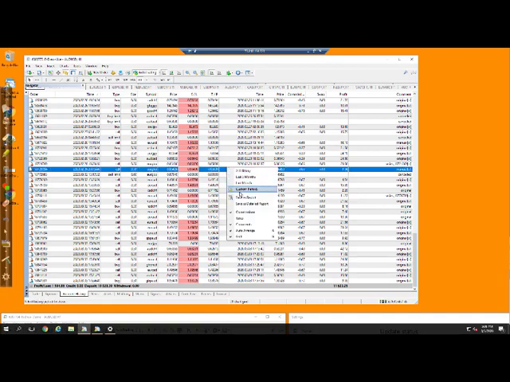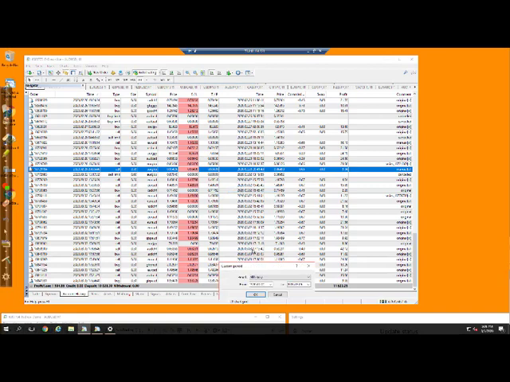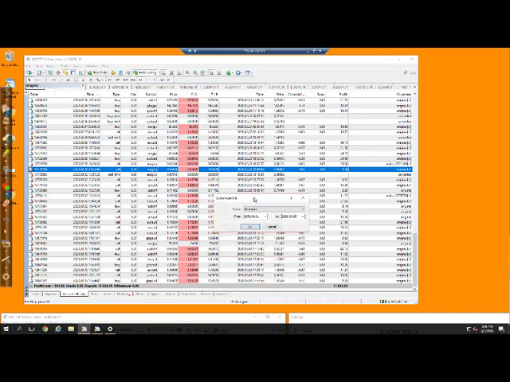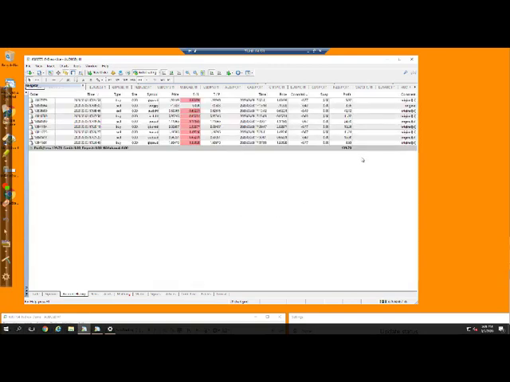we would take our little box here and we can click the drop down arrow and say just show me today please, and then click OK at the bottom. Now we're back to what we've closed during this trading day.